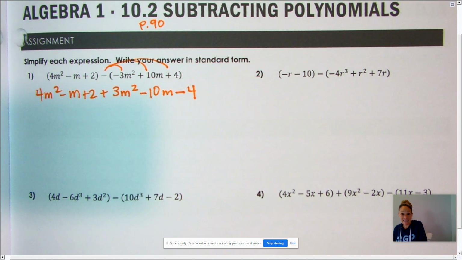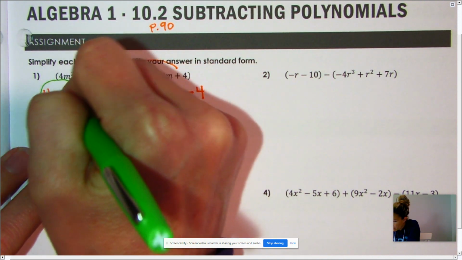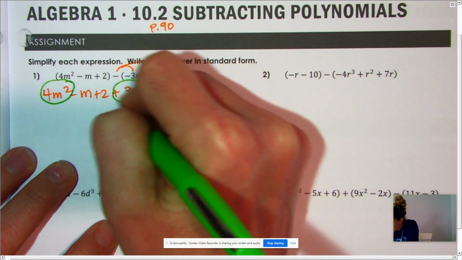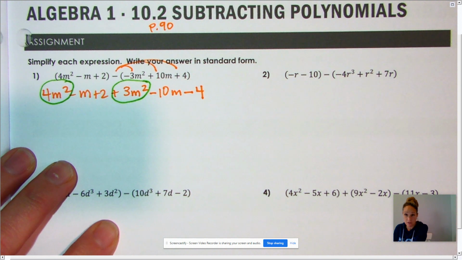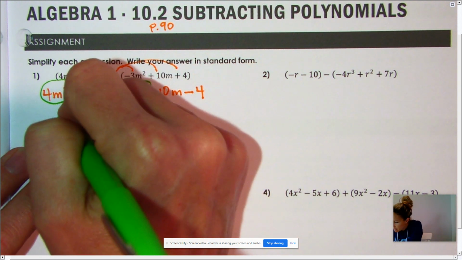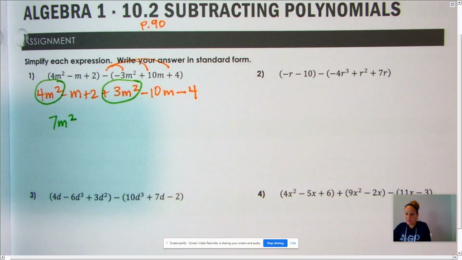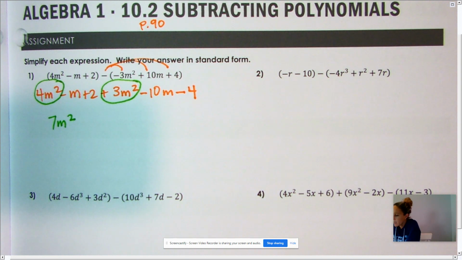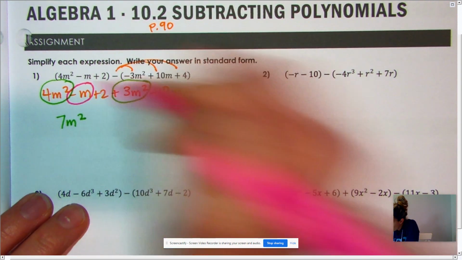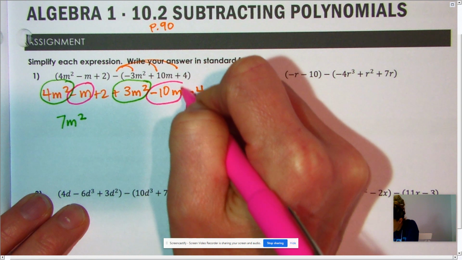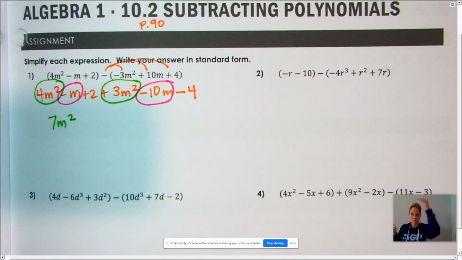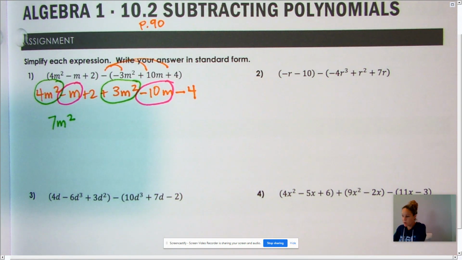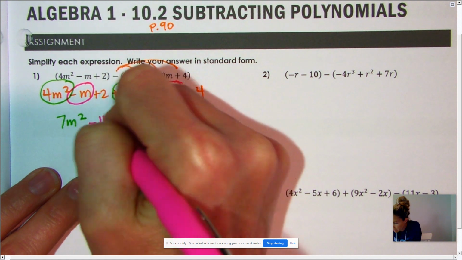So I'm going to start with the highest exponent. So I've got 4m squareds and I've got 3m squareds. They're all positive, so I just add them up. 7m squared. Then I'm going to do regular m's. So I've got a negative 1 and I've got 10 negative m's. So minus 1 and minus 10 more is minus 11 altogether.